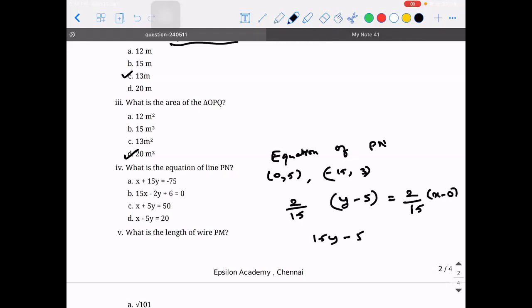So 15y minus 75 is equal to 2x. No option. So 2x minus 15y plus 75 should be equal to 0. I think there is a mismatch. Here it should have been 2x, then this would have been the right answer. Let me check. 15.